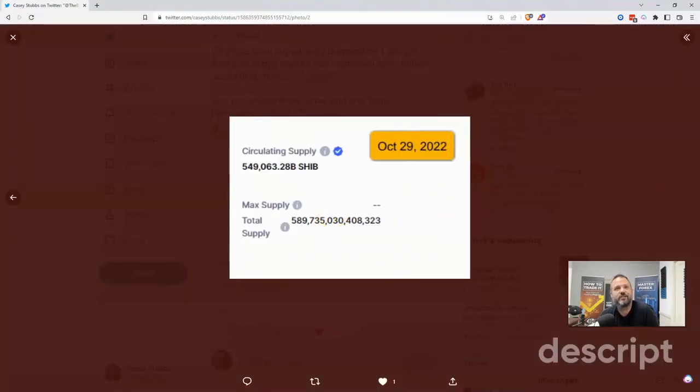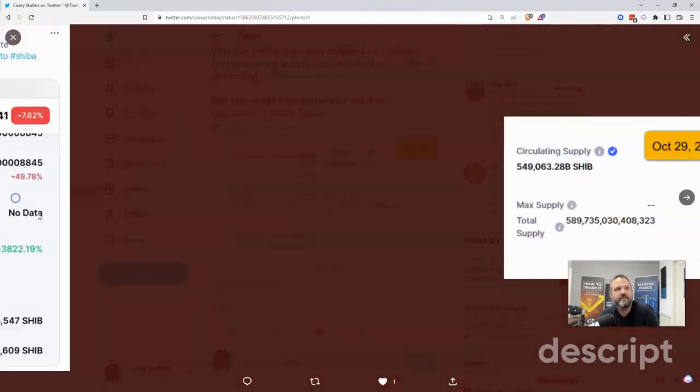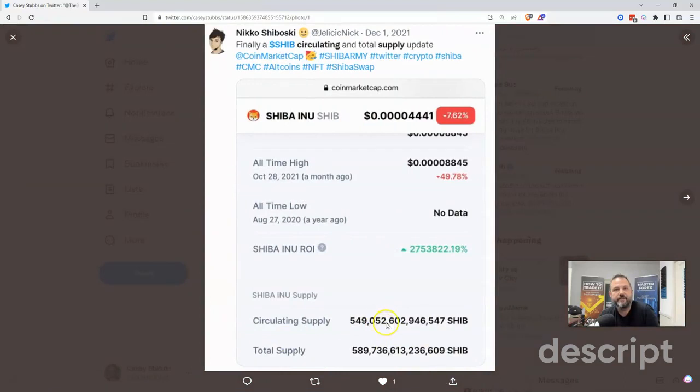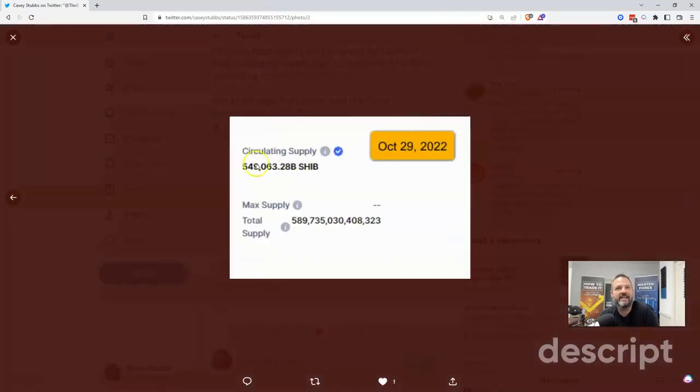So today the circulating supply went from 549.63 to 549.52. So the circulating supply has actually increased. And what I believe that means is that people who have staked, because you can go and stake your crypto, have unstaked it, which adds to the circulating supply. That's what I believe has happened there.